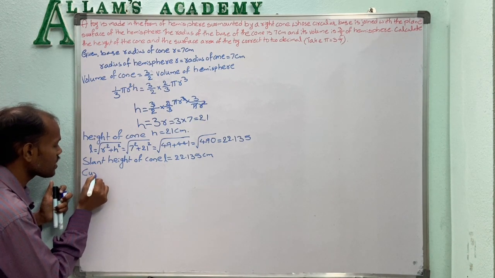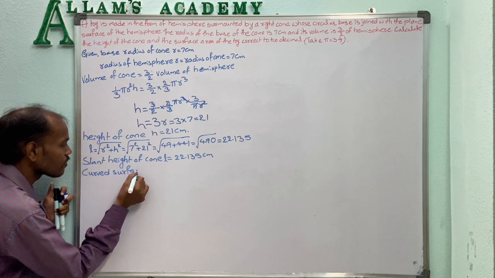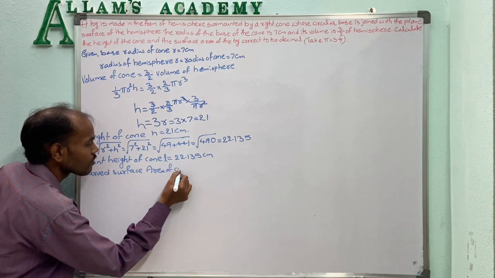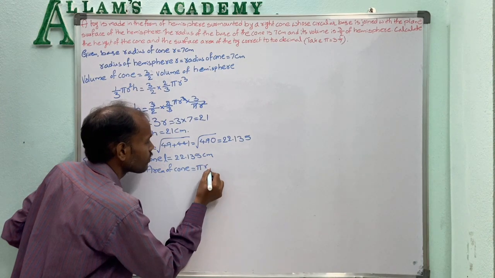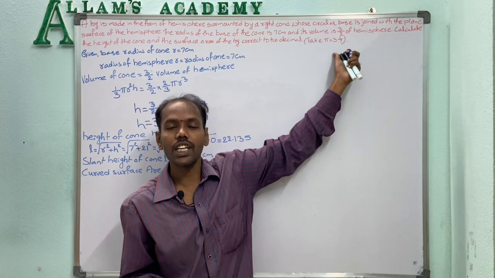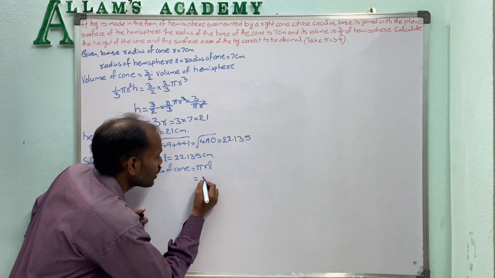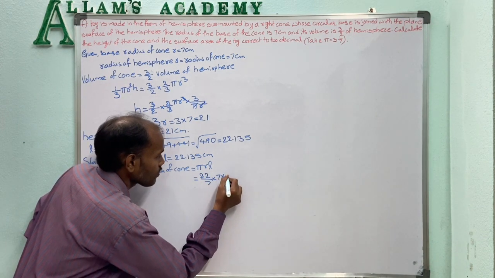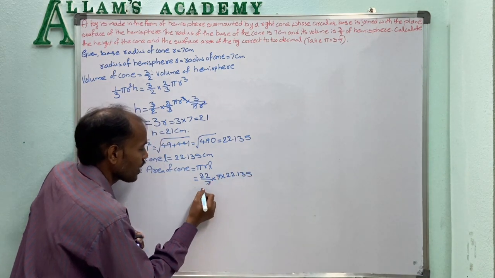Now, finding the curved surface area of the cone. The curved surface area of the cone equals pi r l. Pi is given as 3 whole 1 by 7, which is nothing but 22 by 7. So 22 by 7 into r value 7 into 22.135. 7 gets cancelled.